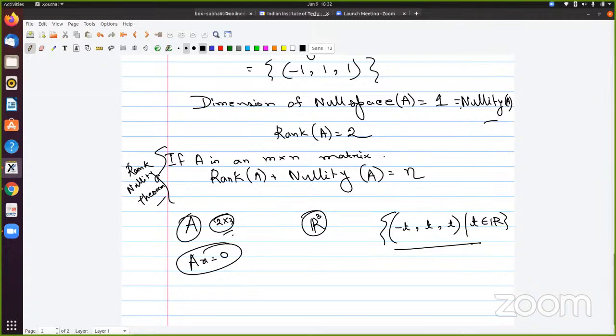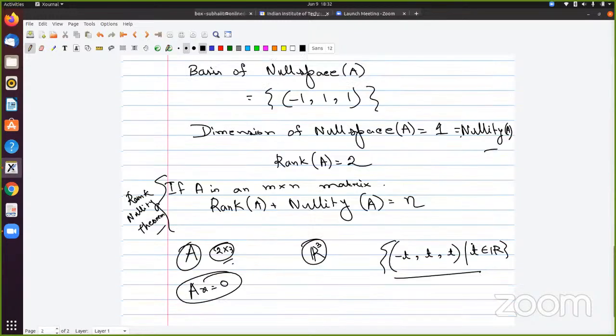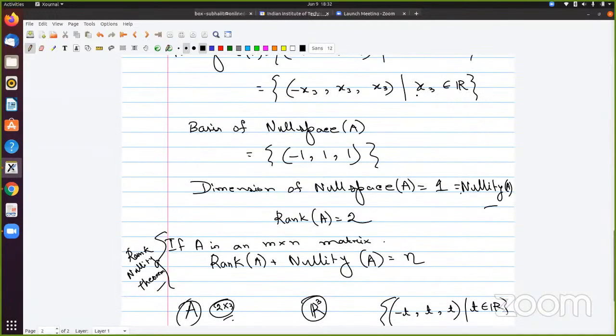If you apply your matrix on any point on this line, it will give you the zero vector. Is it clear? And sir, rank? Rank is basically, okay, I should not say rank now. If I discuss linear transformation, then I will come to rank. Can you please explain this minus t, comma t again? I have just replaced x3 with t. Nothing more.